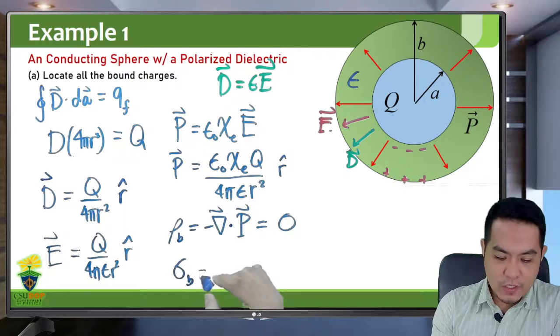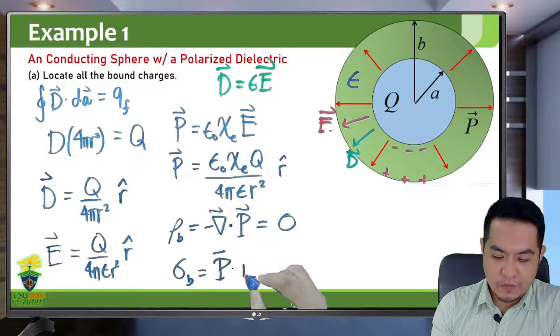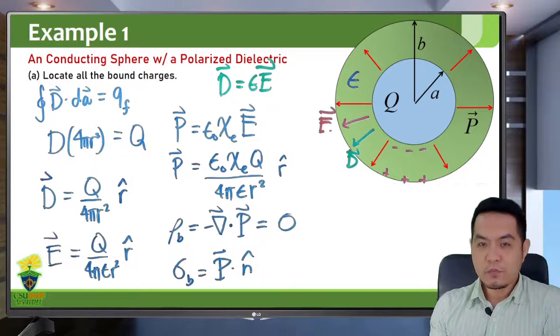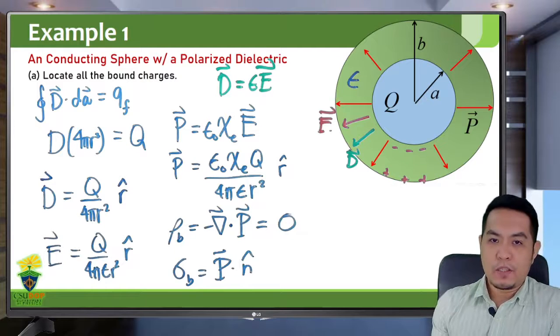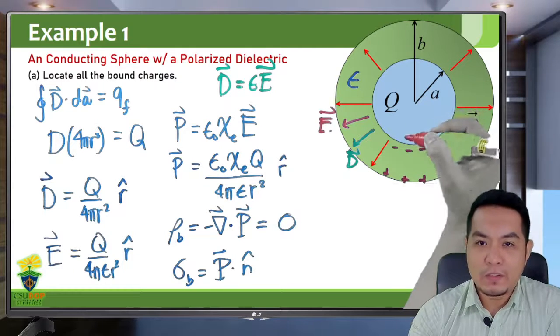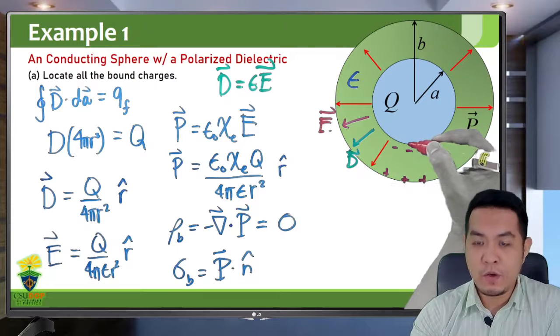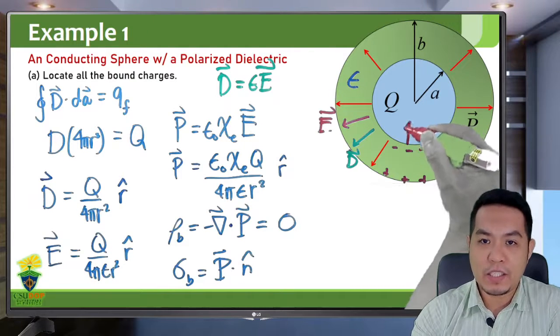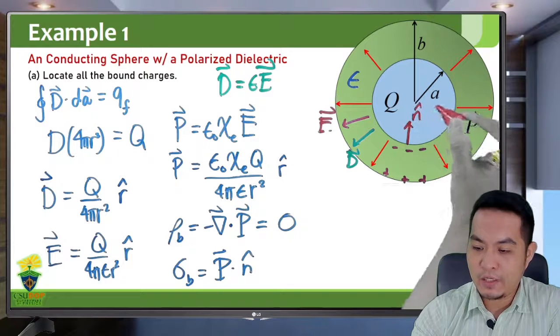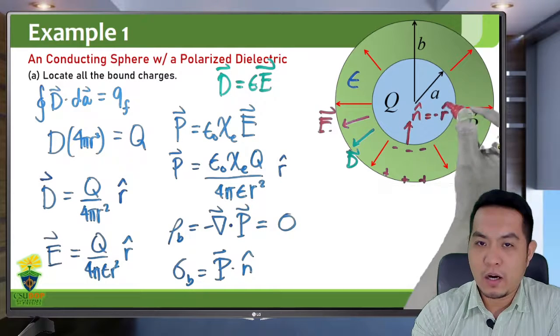For the bound charges, we use the formula P dot n hat. The dielectric has two surfaces. For the inner surface, the direction of n hat is actually negative r hat.